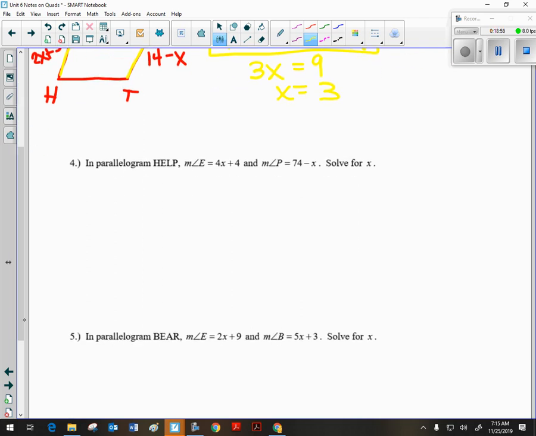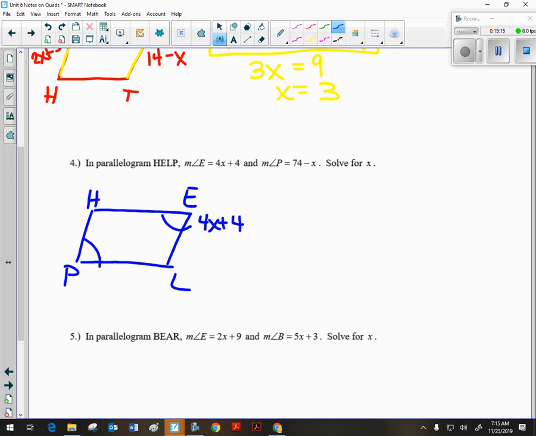In question number 4, it is a parallelogram called HELP. So when I draw this parallelogram, I want to name it working my way around the shape. Angle E, they tell me, is 4x plus 4. Angle P, they tell me, is 74 minus x.